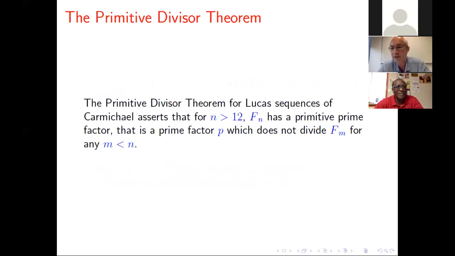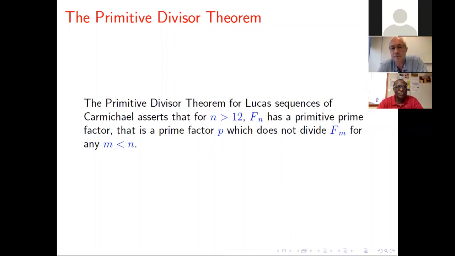Another thing that I'm going to remind people of is what is called the primitive divisor theorem for Lucas sequences. What it says is that when n is greater or equal to 13, Fn has a primitive prime factor. It means a prime factor p that doesn't divide Fm for m less than n.